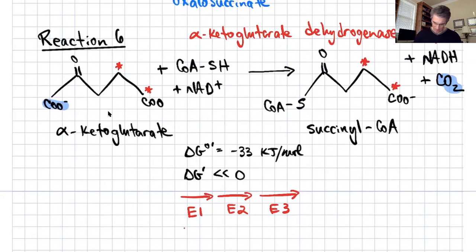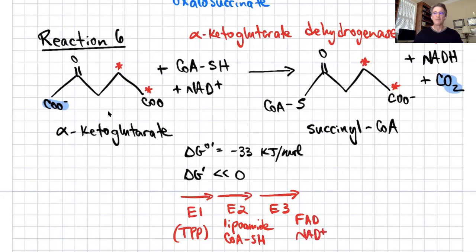We're going to have thiamine pyrophosphate, a cofactor for the E1. The E2 is going to need lipoamide and CoA. And the E3 is going to require FAD and NAD+, right?